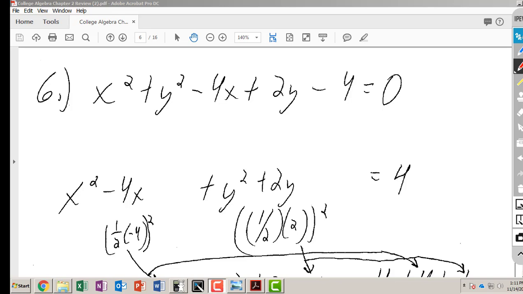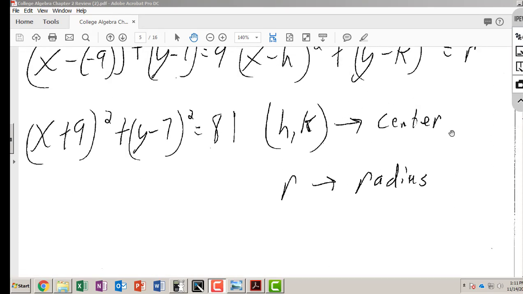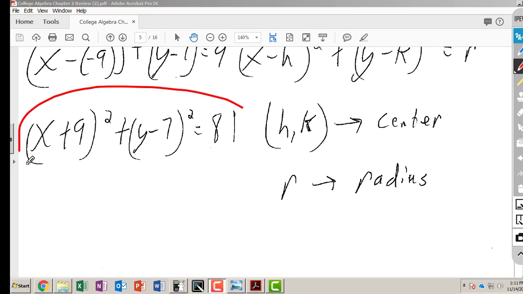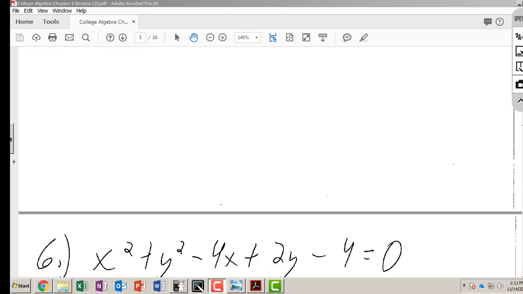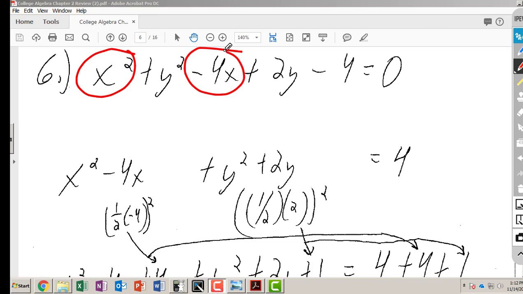If you take a quick look at what number 5 looked like, we want it in this factored form, also called completed the square form, where the x's are factored, the y's are factored, and you have your radius on the other side. So with number 6, you want to put your x's next to each other: here's my x squared minus 4x.